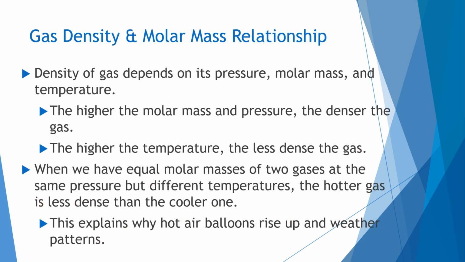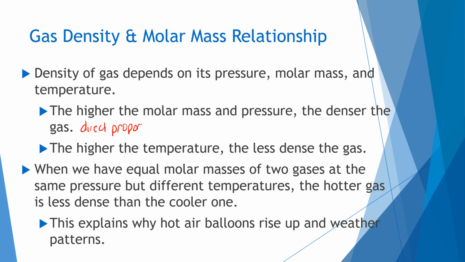Now, the density of a gas depends on its pressure, molar mass, and temperature. So if you change any of those things, it's going to affect the density that we see. For example, the higher the molar mass and pressure, the denser the gas is going to be. Both of those are directly proportional, so we see a direct relationship.